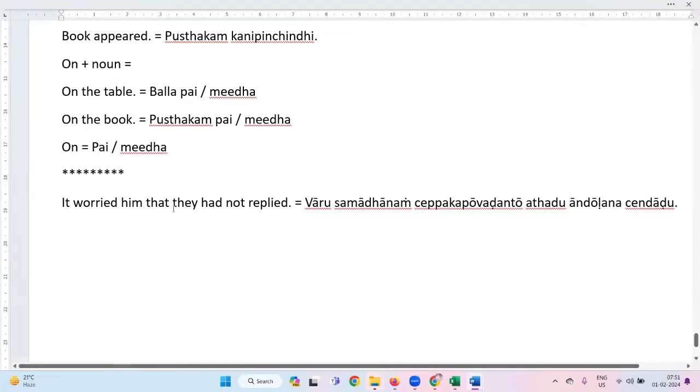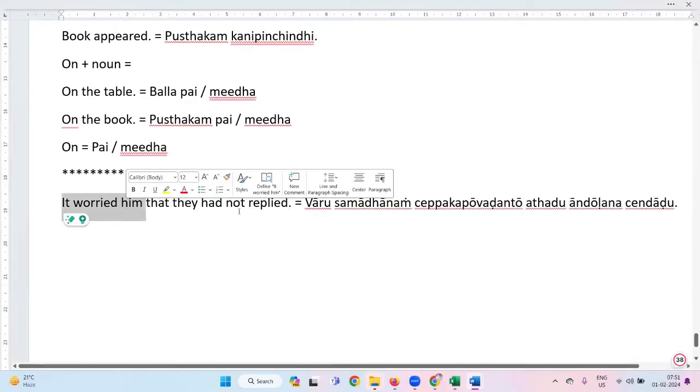Okay. So let's break this one into small things. I mean, it worried him. It worried him means, okay. Actually, like this also fine. There is another structure also that I will explain, but it will give same meaning. But let's discuss this meaning first. It worried him means ఆందోళన చెందాడు. Okay, this is not matching. So అతడు ఆందోళన చెందాడు.